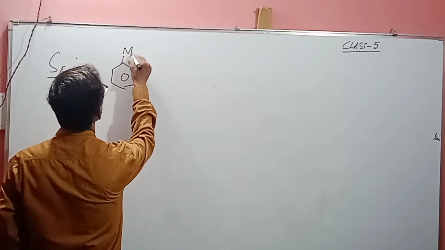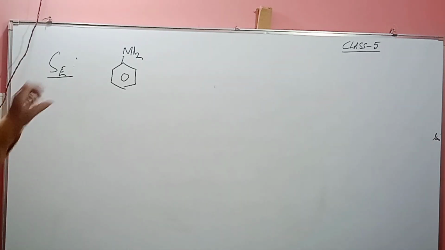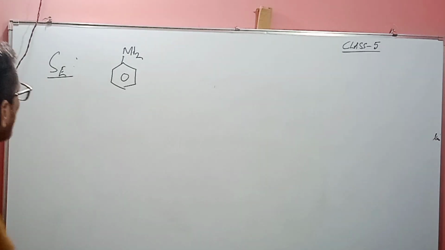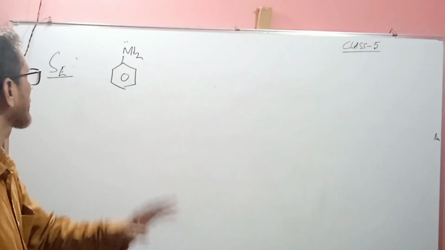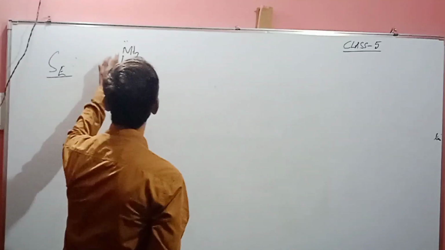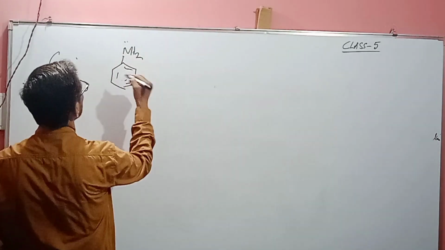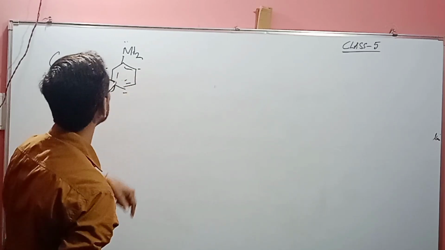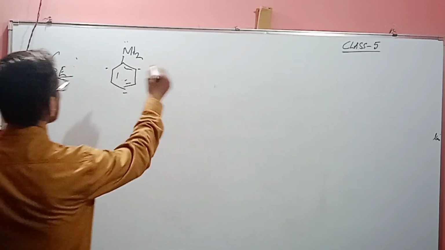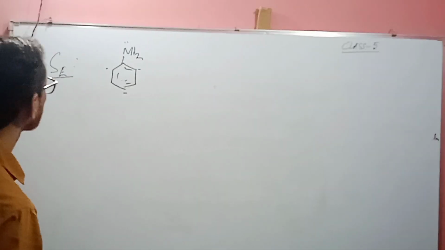Since we are dealing with amine, we will first explain aniline. In the earlier class I have already shown that NH2 is an activating group because the lone pair is involved in resonance and donates electron, and negative charge comes instantly at these positions, and the electrophile comes here and hydrogen gets removed, so electrophilic substitution very easily occurs.